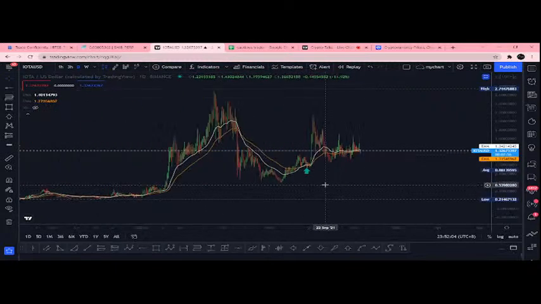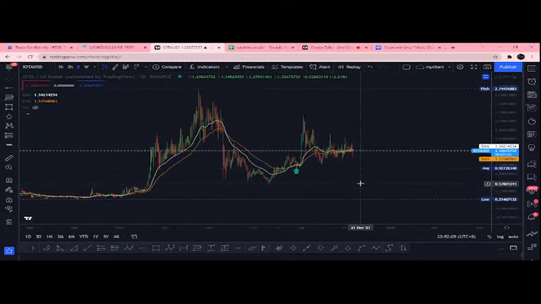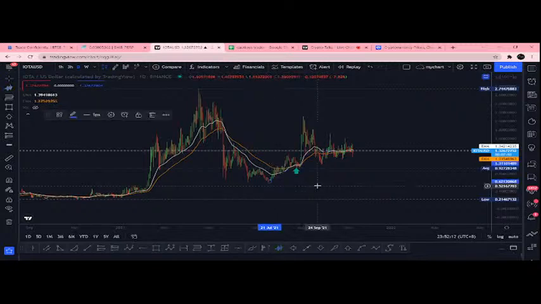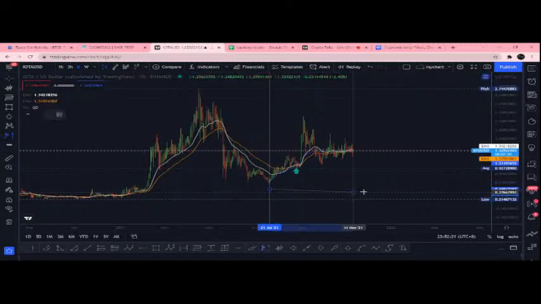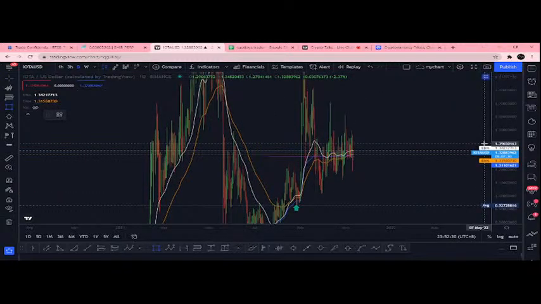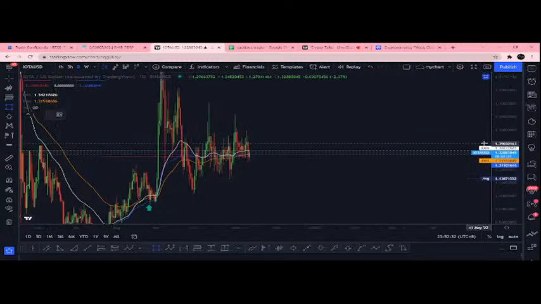So yan yung golden cross niya. Same lang yung VWAP sa EMA. And then this one, this area is already the strong. Currently trading.